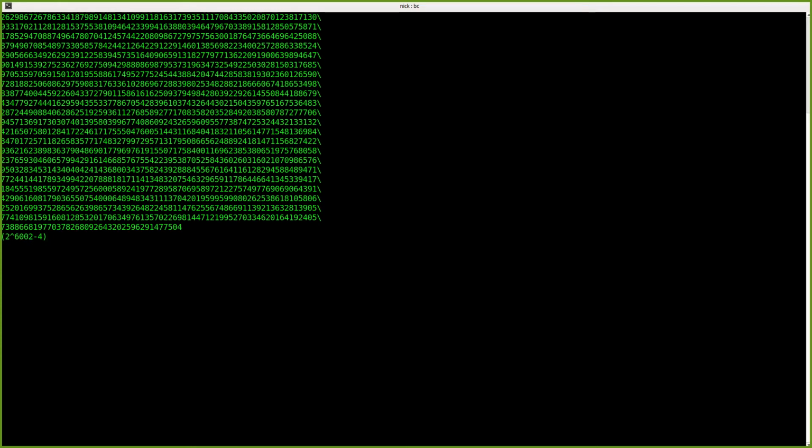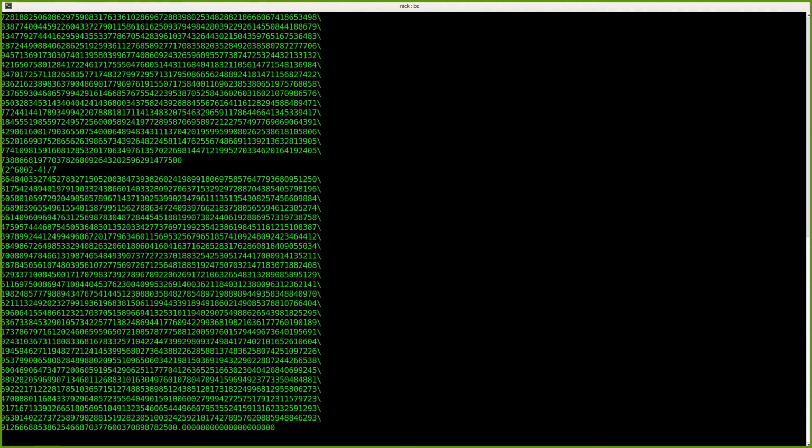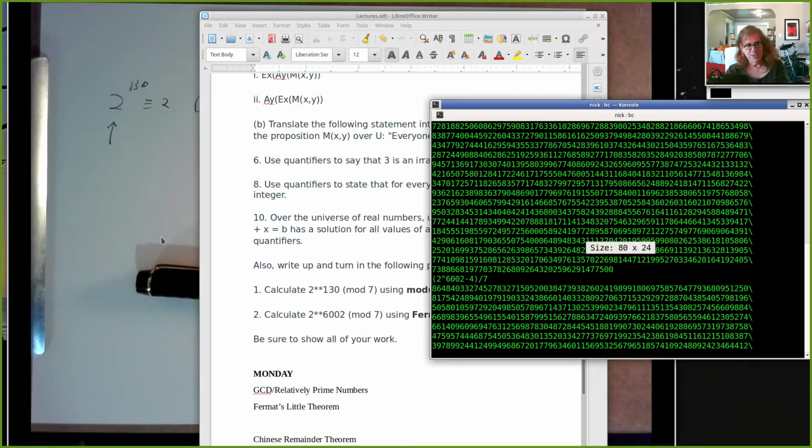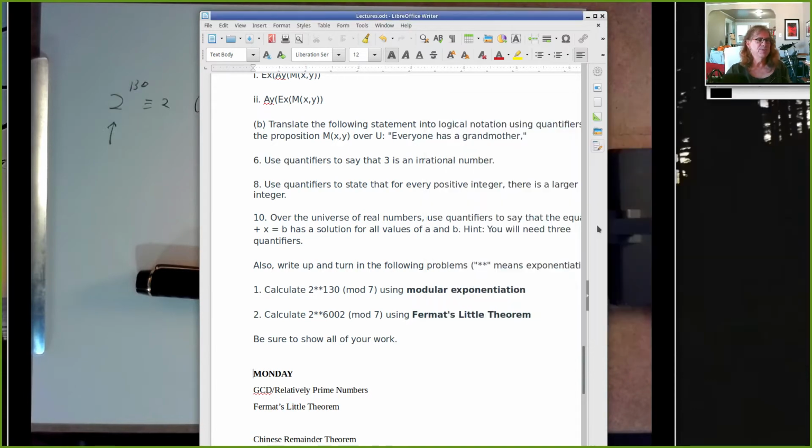Right, so if you do 2 to the 6002 minus 4, you get that number. If you do that and divide by 7, you get an exact integer. So that's a long-handed way of finding what 2 to the 6002 is congruent to, or confirming that 2 to the 6002 is congruent to 4. But the whole point on the homework, which we'll go through in a minute, was not having to do that big long calculation, come up with that ginormous number.